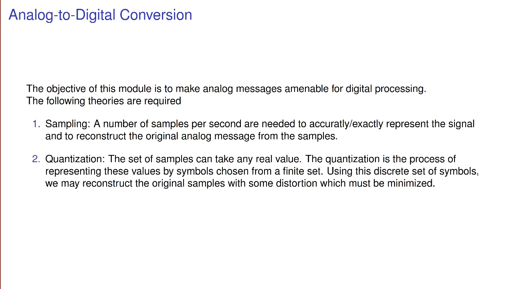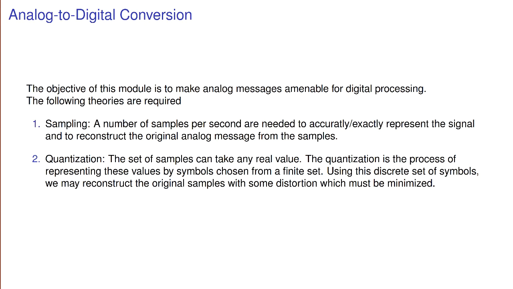The second concept we need is, once we get these samples, each sample value or each set of sample value, they could have any real value. And a real value needs lots of bits to be represented. So therefore, we will quantize these real values. And the purpose is to represent these samples or symbols with a finite set of number of bits or finite set of alphabets.